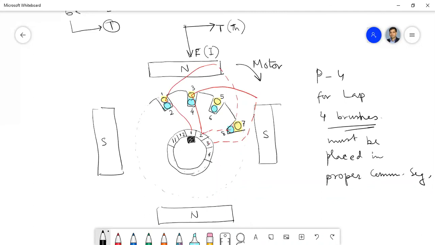Now you see your middle finger. Is it dot or cross? Is it towards you or away from you? Sir, towards me, sir. So towards you. That means it will be dot.